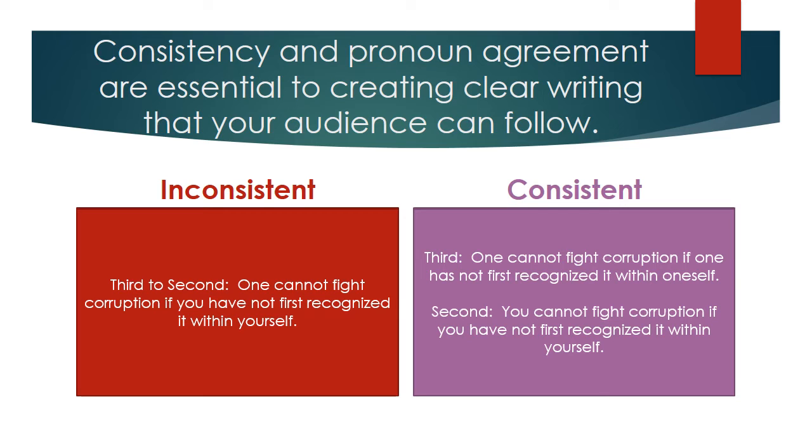Whereas if we read it in second person, all of a sudden it becomes much more pertinent to the person reading it, and the person may start applying certain ideas to themselves. And so through consistency we've chosen in the second person one to put a lot of responsibility on the reader that wasn't there in the third person, nor was it there in the inconsistent version, because it's unclear. So hopefully we've looked at how consistency can really help to define a perspective and define a person's interpretation of a sentence. Let's look at one more aspect.